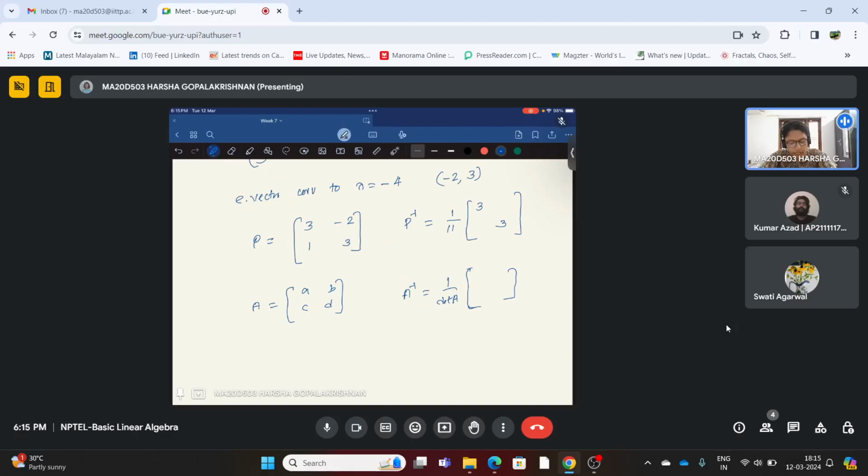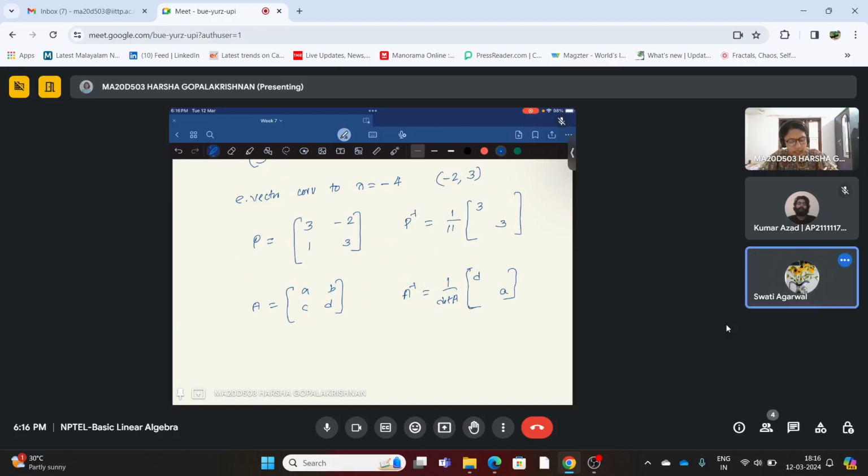Adjoint means we will keep D in the 1 1 position, and in the 2 2 position, A. Minus 1 power 2 plus 2 means 4, so positive A.